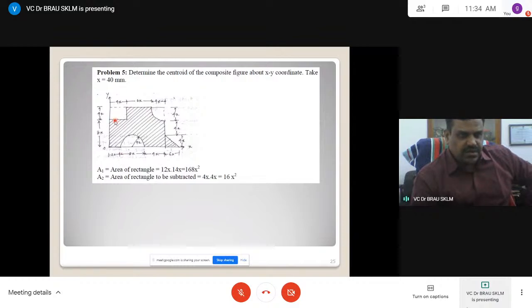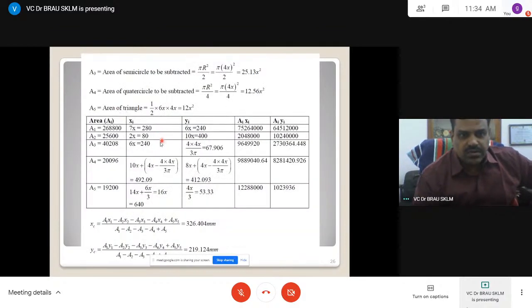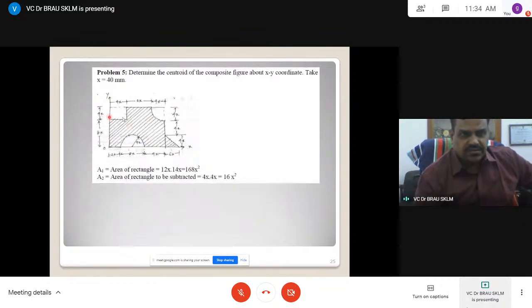Y coordinate is 8x plus 2x. Now this is what 2x, 10x. 2x midpoint, 10x, 8 plus 2x.